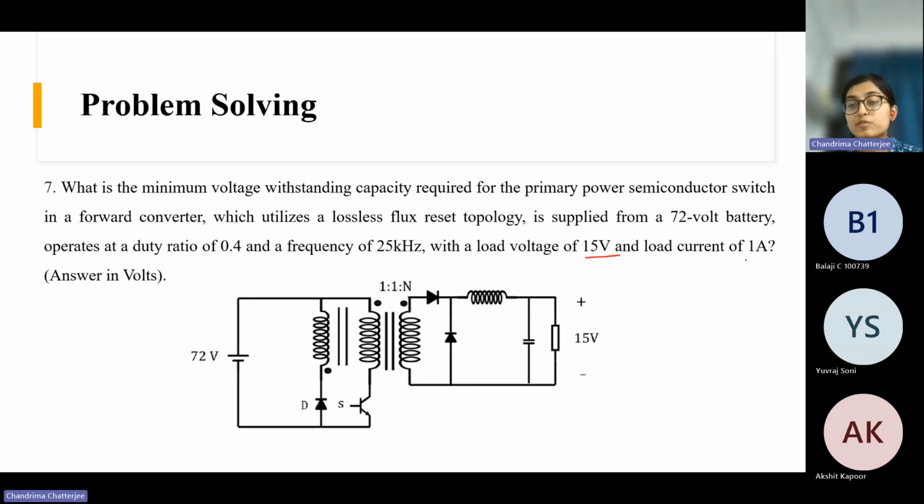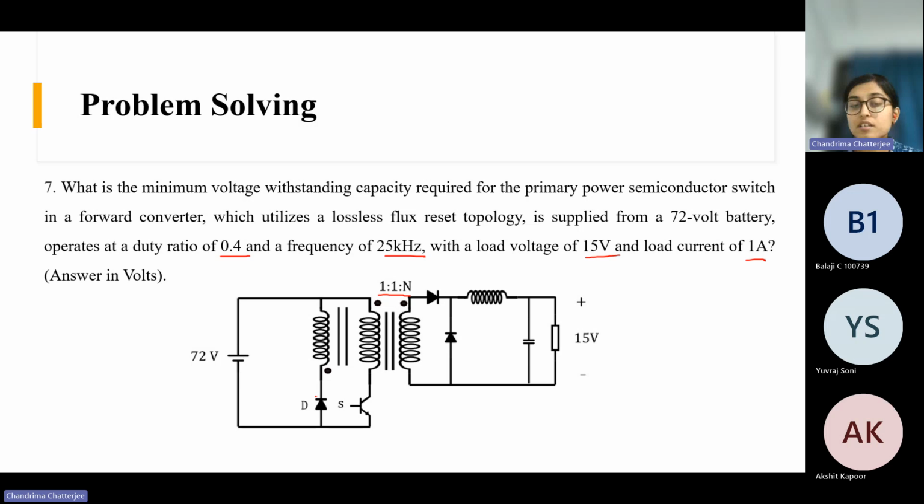Output voltage, output current, switching frequency, duty ratio. All these parameters are given. And this core reset circuit is the lossless circuit that I showed you. So here this additional winding is there, which has the same number of turns as this primary winding.